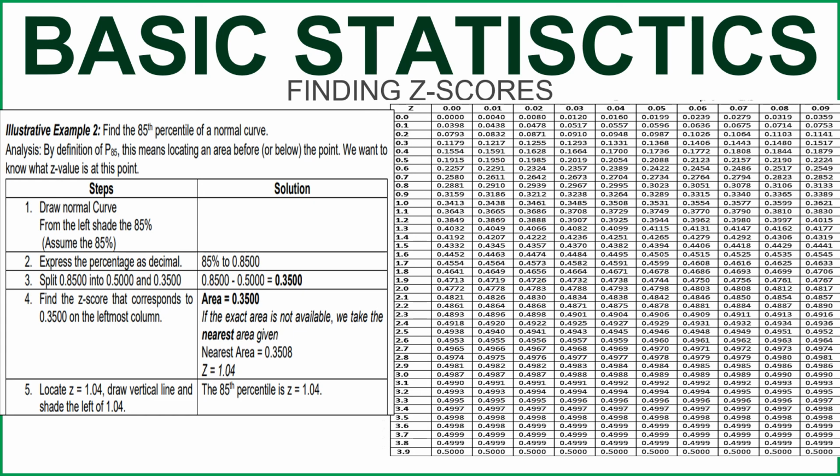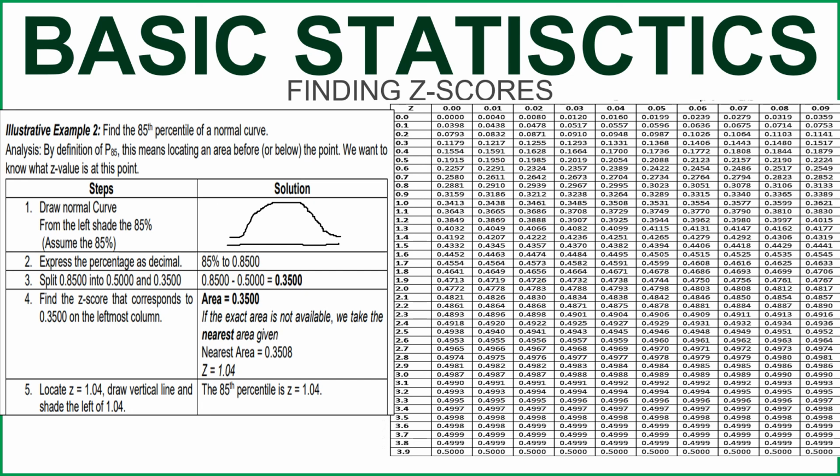So, bakit natin dinadraw? Para malaman natin kung magsusubtract ba tayo ng 0.5 or isusubtract ba natin yung value sa 0.5, or isusubtract natin yung 0.5 sa value.